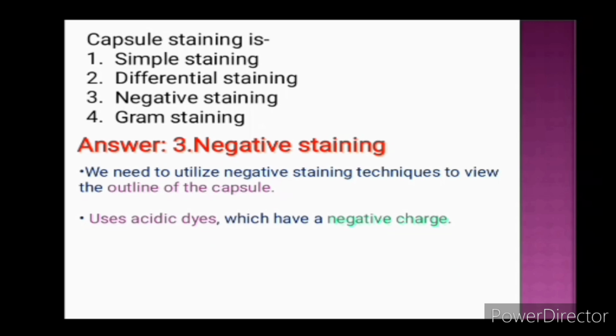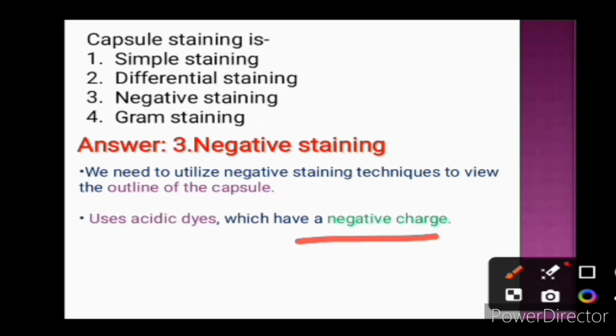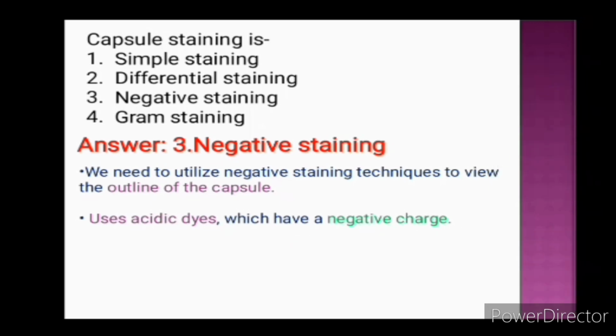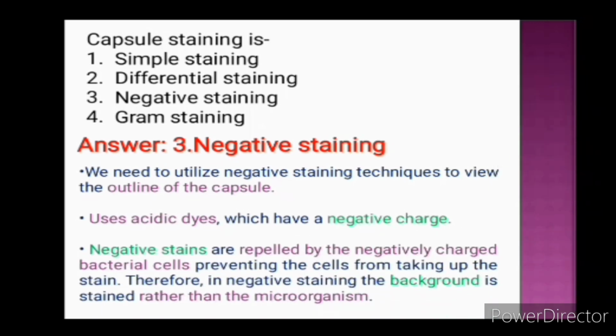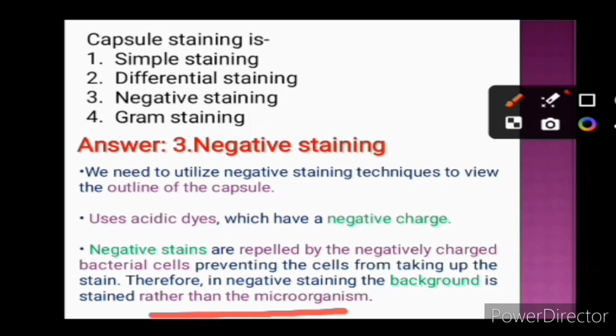In negative staining, it uses the acidic dye, which is negatively charged. The negative stains are repelled by the negatively charged bacterial cells, preventing the cells from taking up the stain. Therefore, in negative staining, the background is stained rather than the microorganisms.